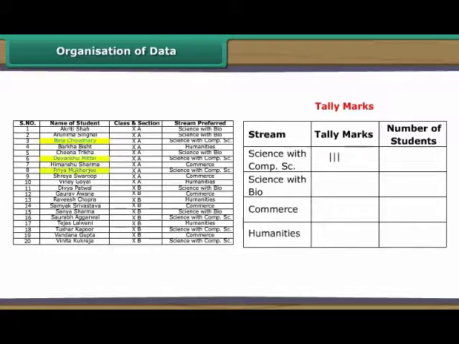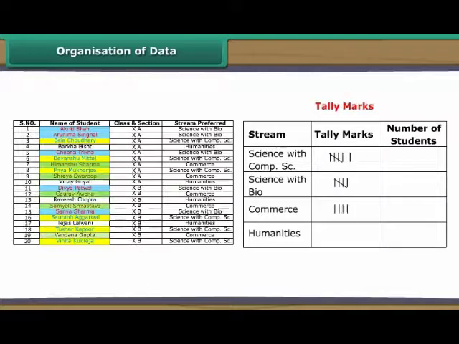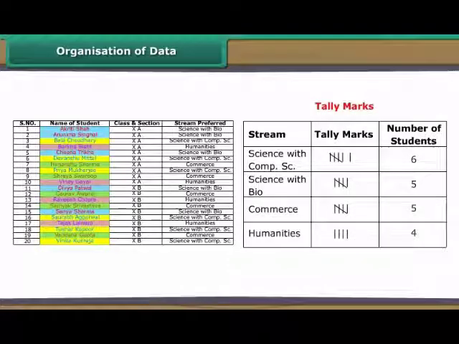Under tally marks, denote a student with a preference for a particular stream by a tally mark against that stream. Indicate every fifth student preferring a particular stream by a slanting line crossing the previous 4 tally marks. Now count the tally marks against every stream and record it under number of students.